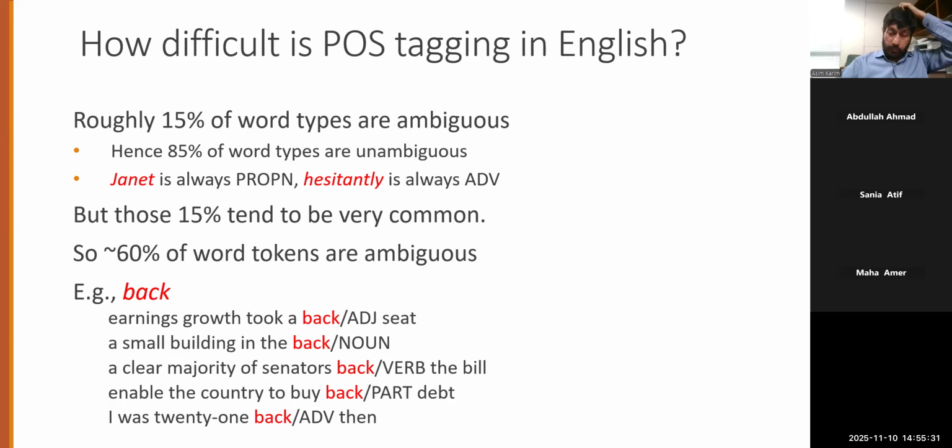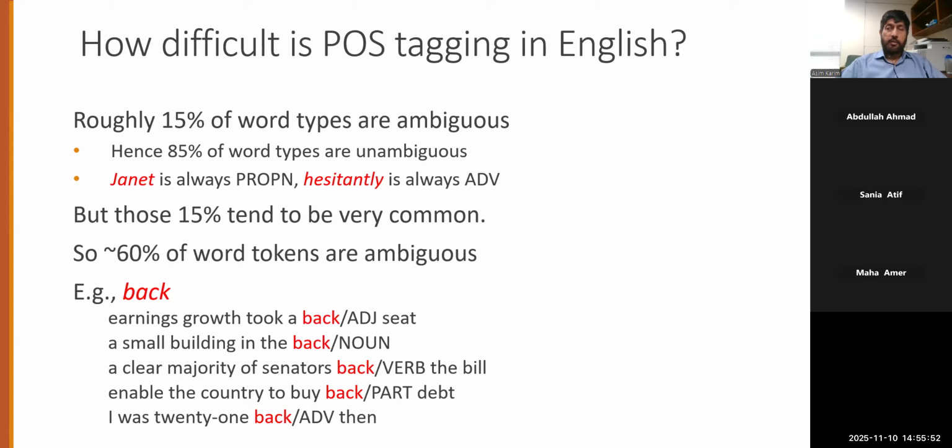So how difficult is POS tagging in English? Of course, in different languages it may be different, but this is for English. About 15% of words in English are ambiguous, meaning that they have multiple POS tags. Okay?